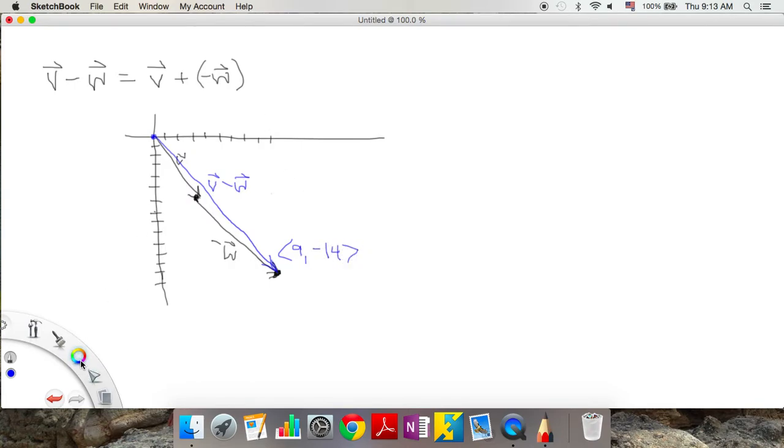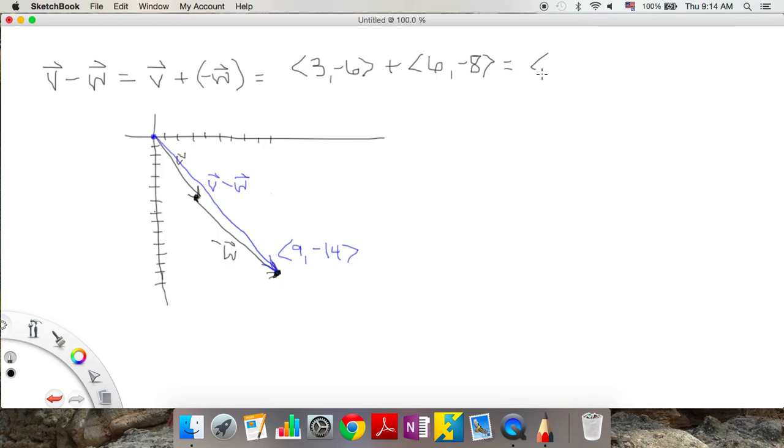Now, could we do this analytically? Of course we could. We take v, which is (3, -6), and we add the opposite of w. The opposite of w is where we change the signs of both of them.